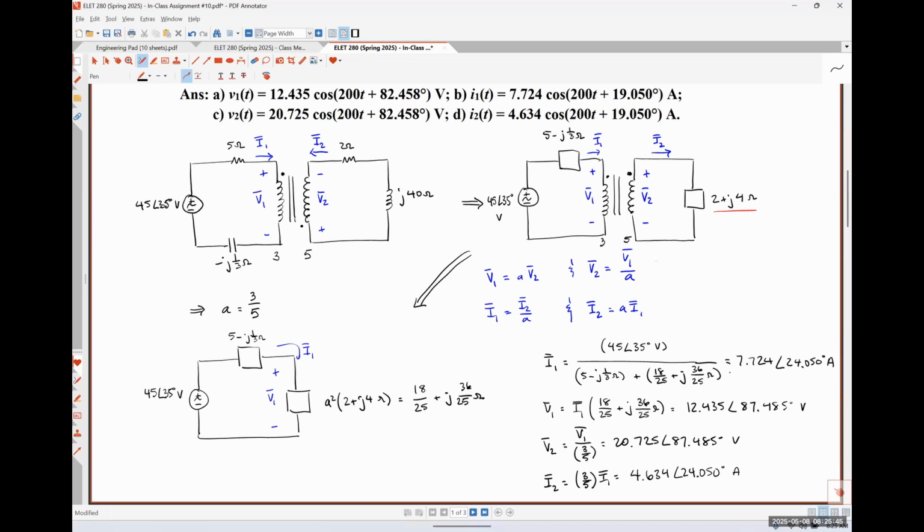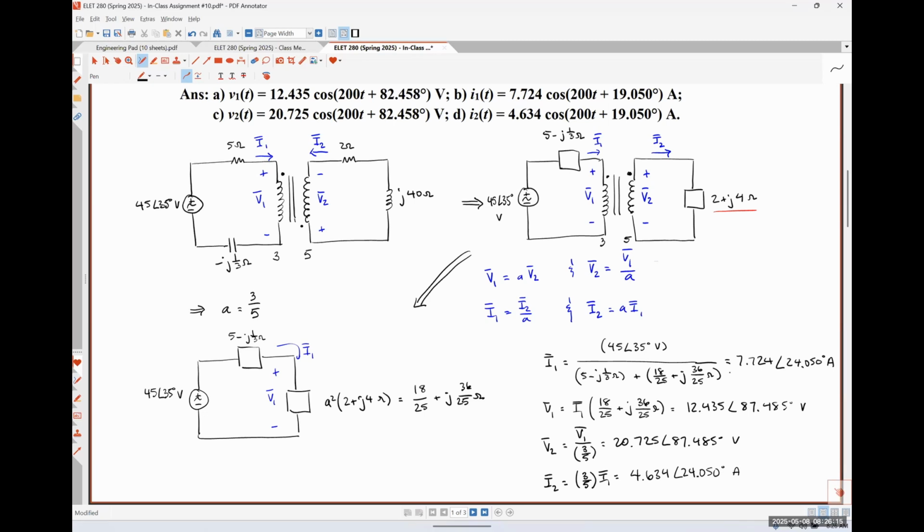So not a huge thing. But if I ask you for an answer in the time domain, then you only get full credit if you give me the answer in the time domain. But you've done 90% of the work if you do it in the frequency domain. So I'm not going to heavily penalize that at all. Okay. So anybody have any questions about this guy right here?